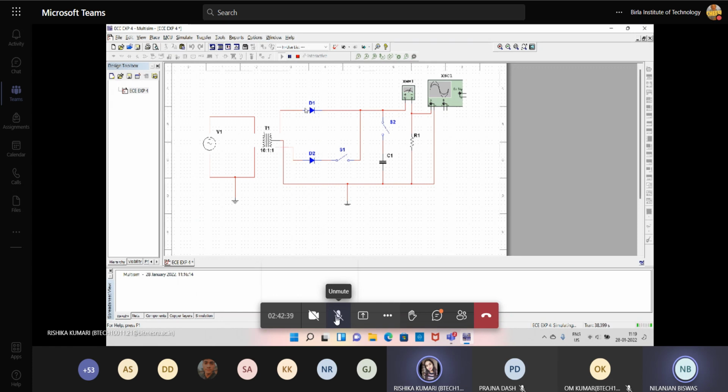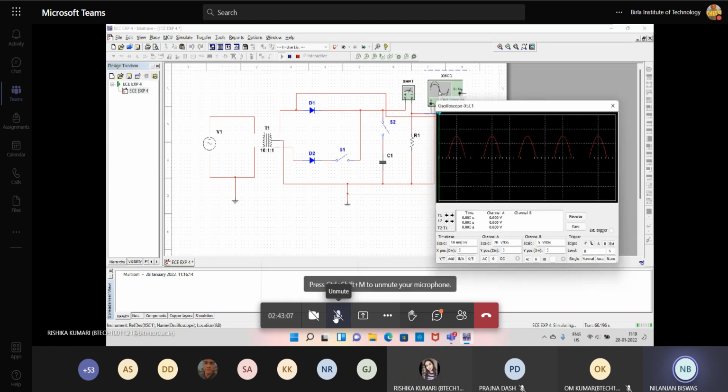Before D1, you mean here? Yes, exactly. From there you can connect to the positive terminal, and the negative will be with the ground. Then after running it, you can observe both input and output in a single window.